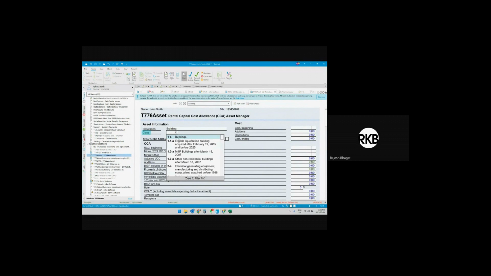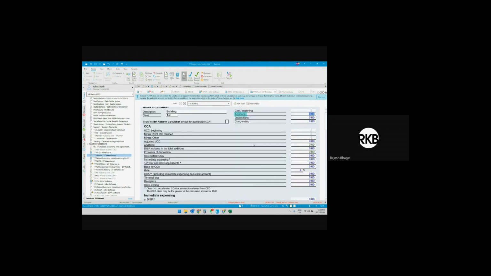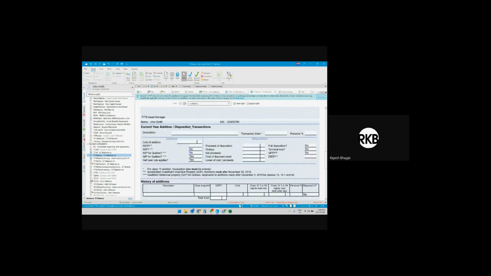Class: always number 1. Cost at the beginning of the year: 845,000. If it was purchased in the current year, then you put it as an addition. I'm assuming, okay, let's put it on addition. If it was from a prior year, then I would have carried it forward from last year. It doesn't allow me to enter here.